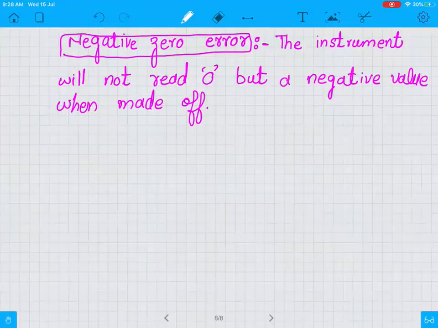So the instrument will not read zero, but it will read a negative value when made off.